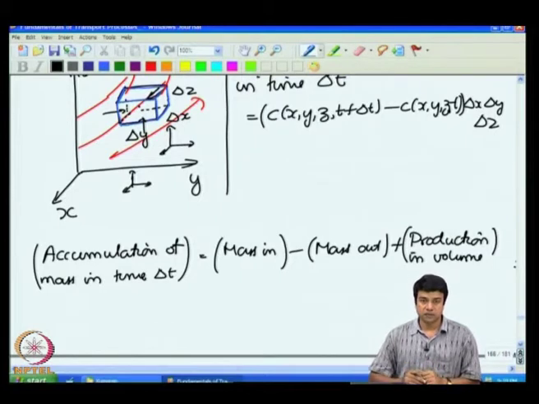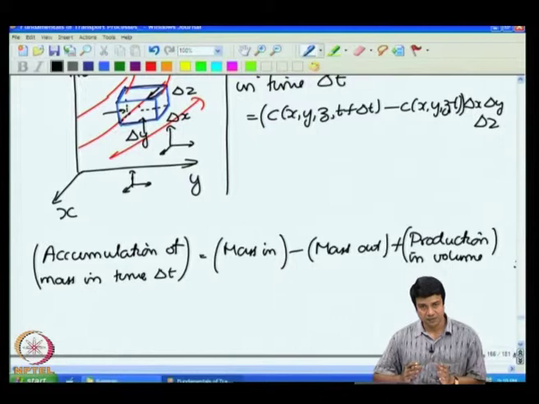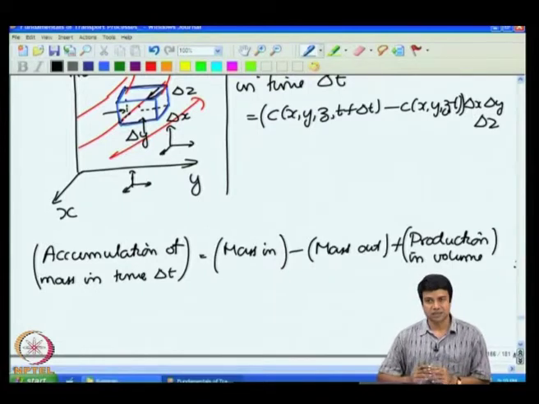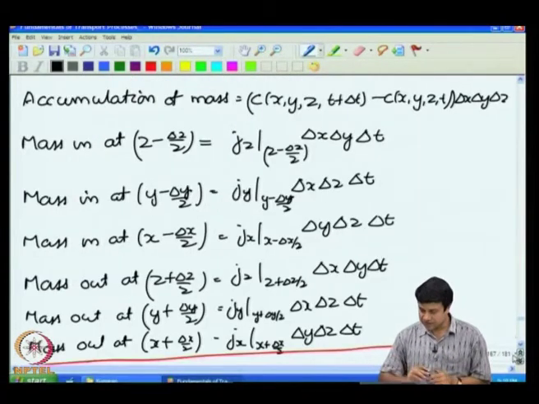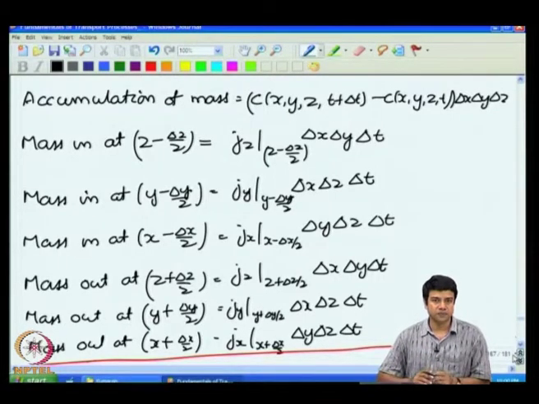You want to choose the differential volume such that the surfaces perpendicular to the y axis, for example, are at surfaces of constant y, that is they are at y and y plus delta y, or in this case we took y plus delta y by 2 and y minus delta y by 2. Similarly, you have two surfaces in the x axis at x plus delta x by 2 and x minus delta x by 2, and two surfaces perpendicular to the z axis.